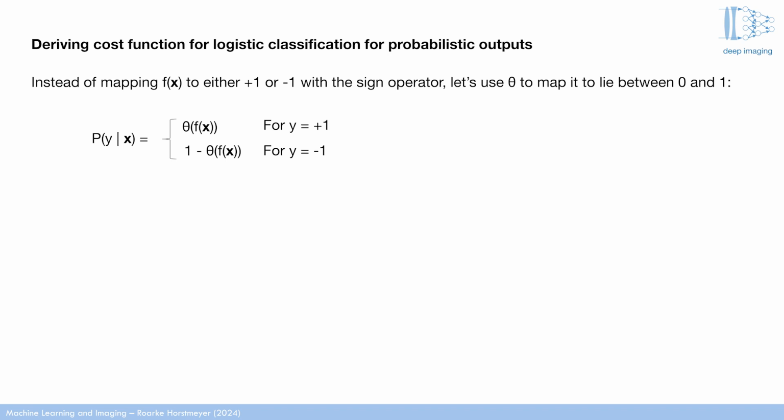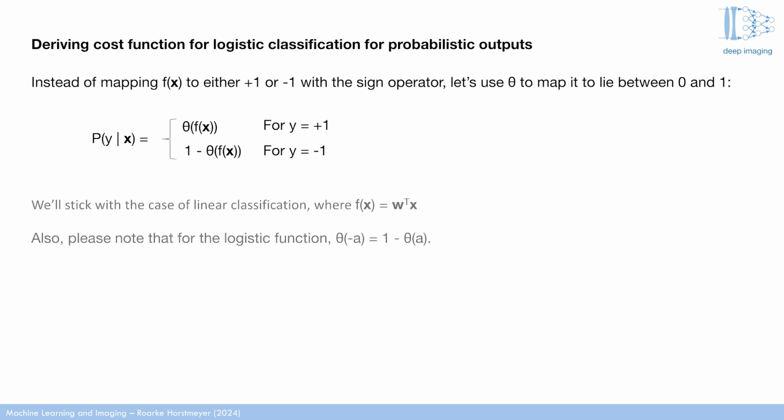So this is our probabilistic interpretation of how well we're doing with our model F. And we can add our linear classifier in there now. Instead of just writing this function F, we can say we're doing linear classification, so we're doing this inner product of our weights W and the input X, which is our linear assumption. And we'll also use a property of the logistic function. This is an identity: the logistic function of -a equals 1 minus the logistic function of a.